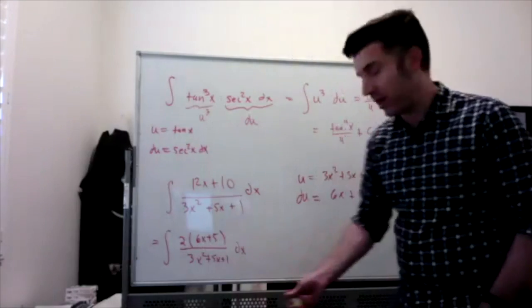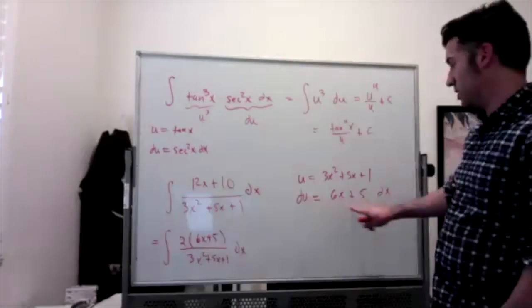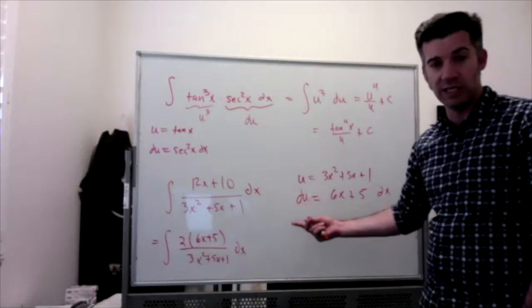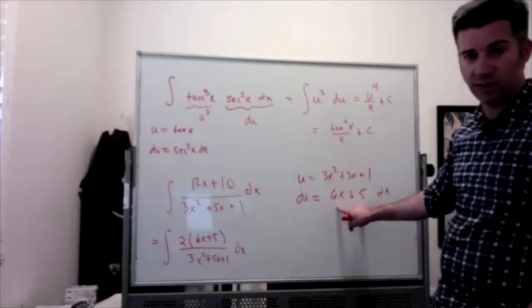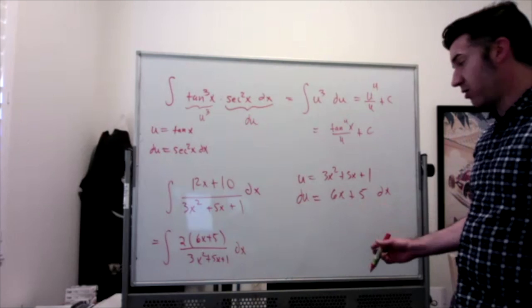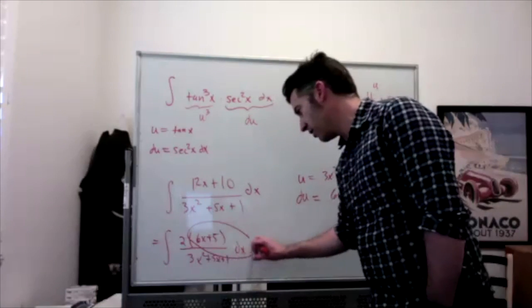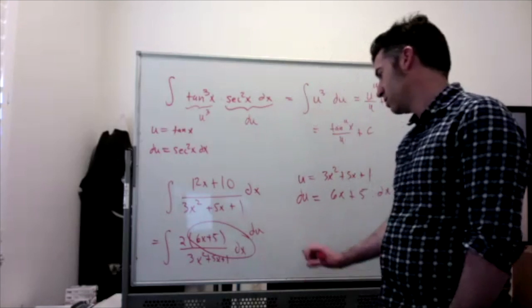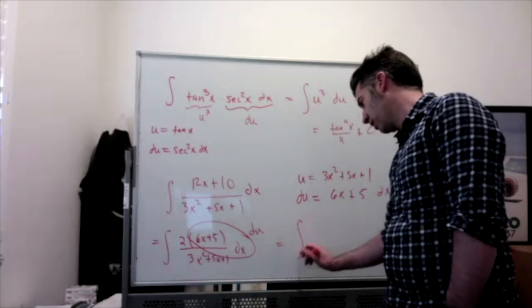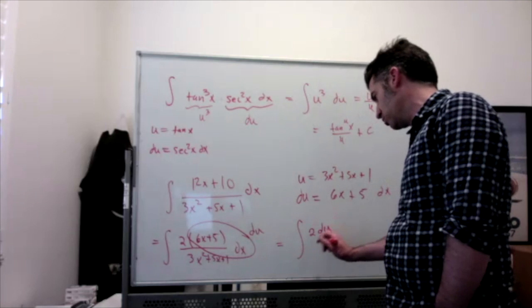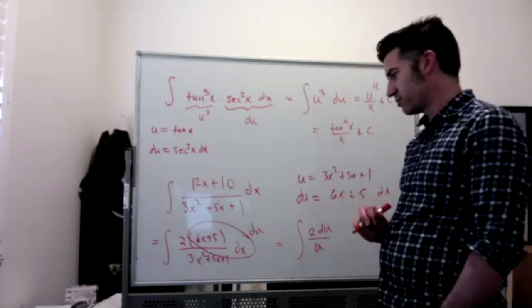Or if you didn't want to do that, you could multiply this by 2 and this by 2 and say that 2 du is equal to 12x plus 10 times dx. Either way, look what I've got. There's my du. So I've got the integral of 2 du over u.